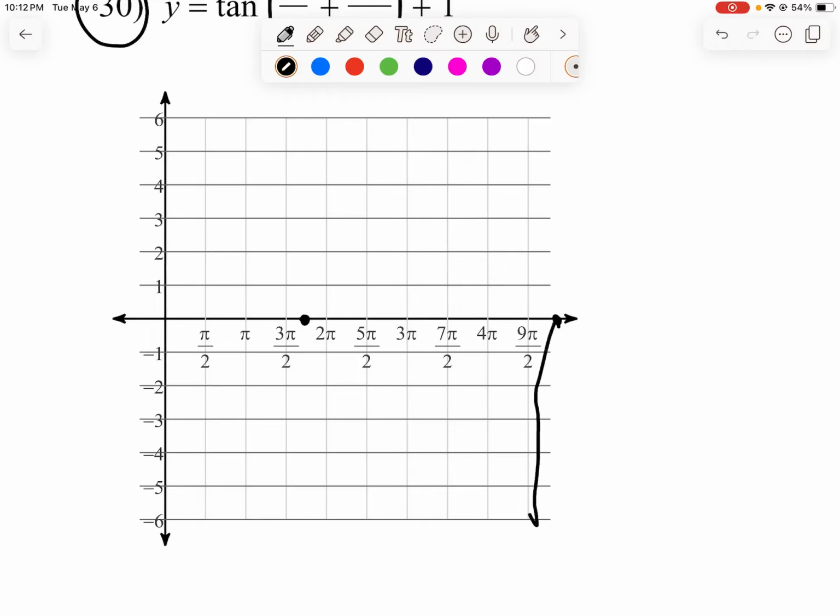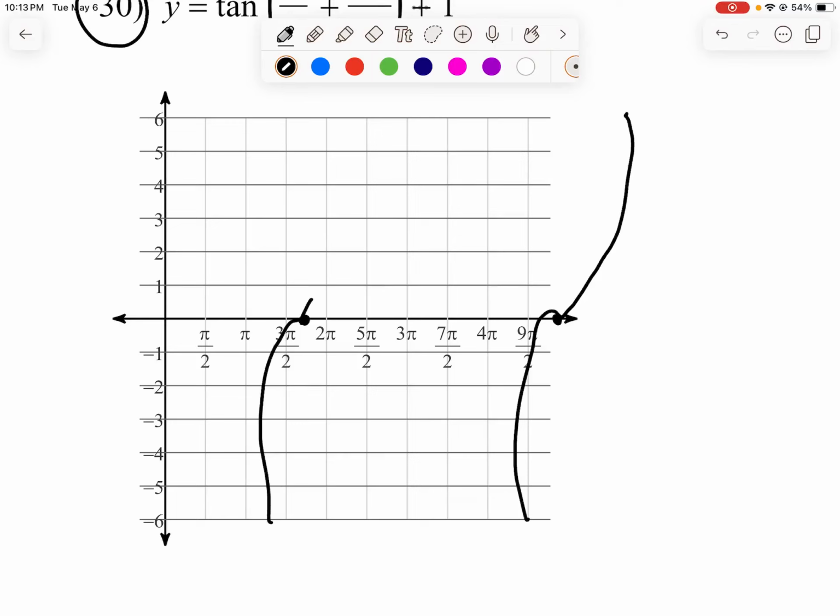This graph is still gonna look pretty normal compared to the other ones. It's gonna look a little like this. No, not a line. Definitely not a line. It's gonna look like that.